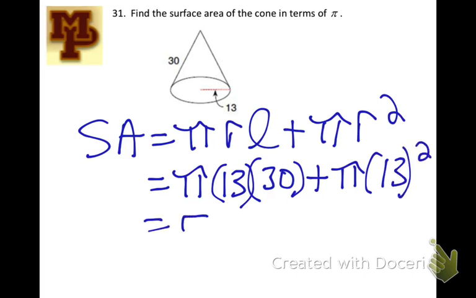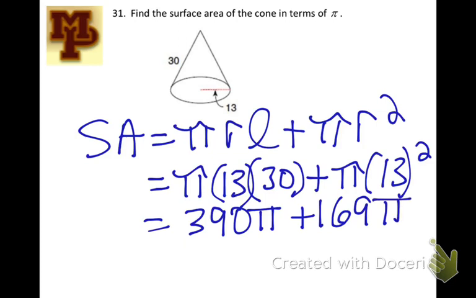We get 559 pi. Now, actually let me back up one sec. We're going to get 390 pi plus 169 pi, because they both have a pi. That's why you're able to add those numbers together.